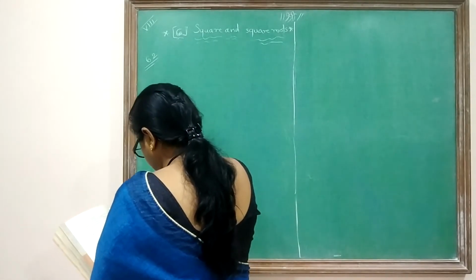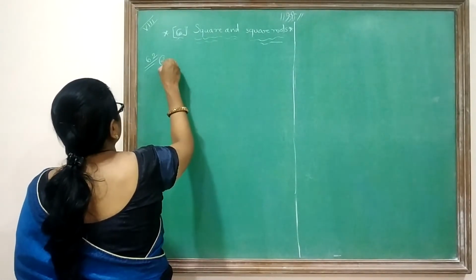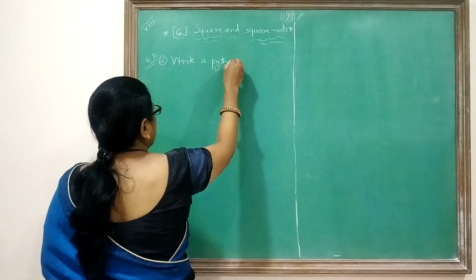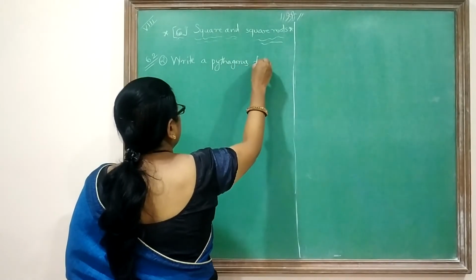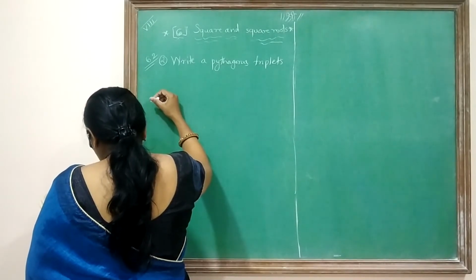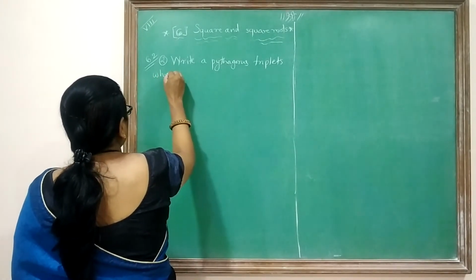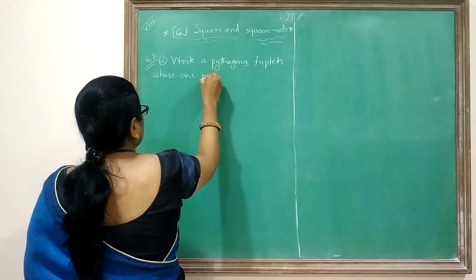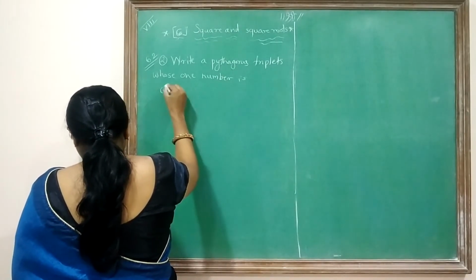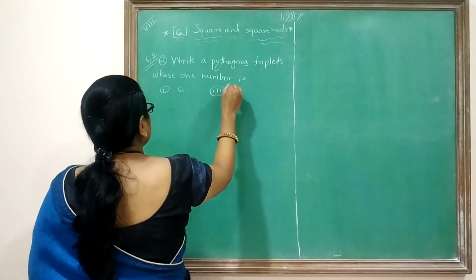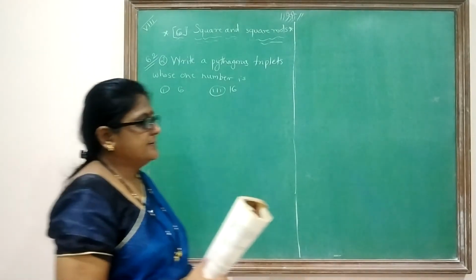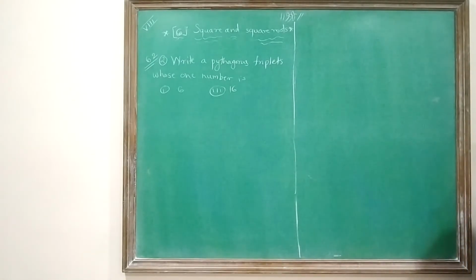Write Pythagoras triplets whose one number is 6 and 16. Here 4 examples are given, all are the same type of example, and you can do them in your notebook.